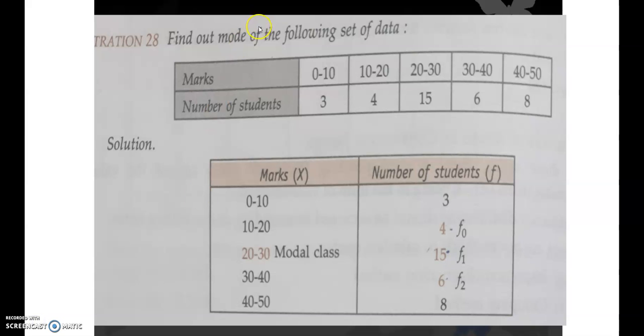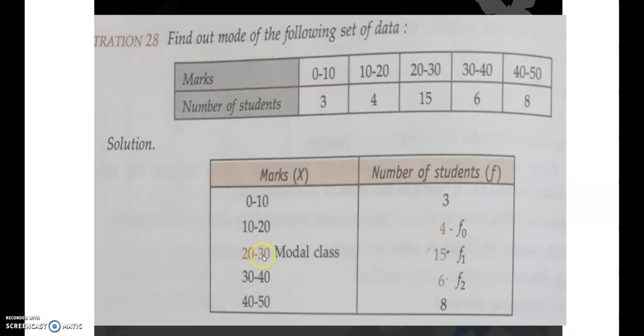Now children, look at this example. Find out the mode of the following set of data. Write down all the given data here: 0 to 10, 10 to 20, 20 to 30, 30 to 40, 40 to 50. Then number of students 3, 4, 15, 6 and 8. Which is the highest frequency? 15 is the highest frequency. The corresponding class is known as the modal class.